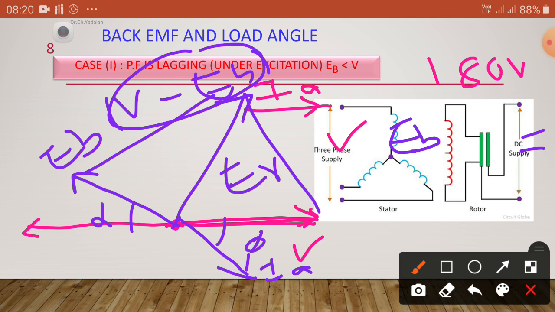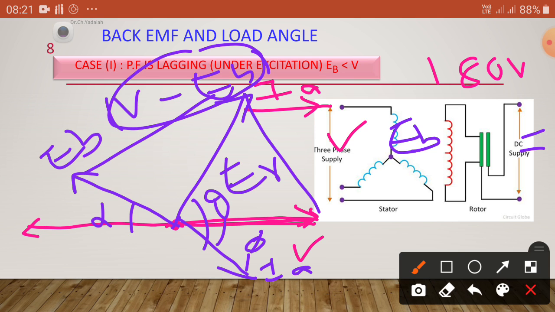This resultant voltage has an angle theta with respect to the armature current. So this is the diagram for the under excitation condition. Here the armature current lags the voltage, and also lags the resultant voltage. Theta is nearly constant, and alpha depends on the load on the motor.